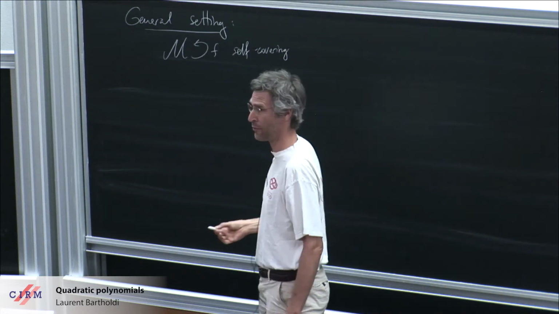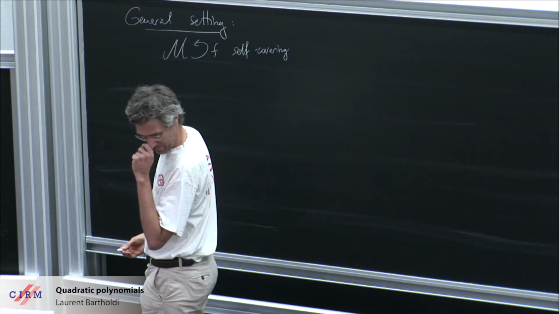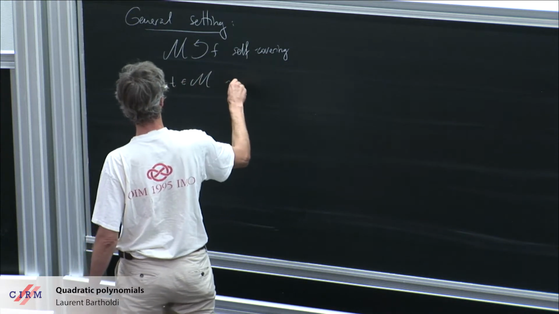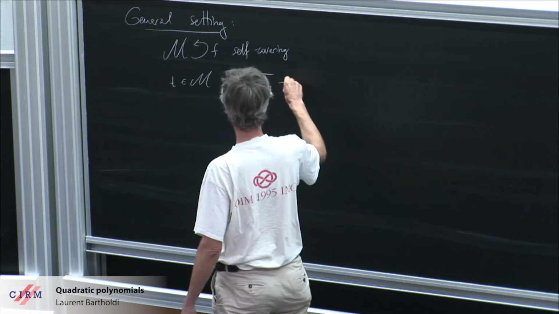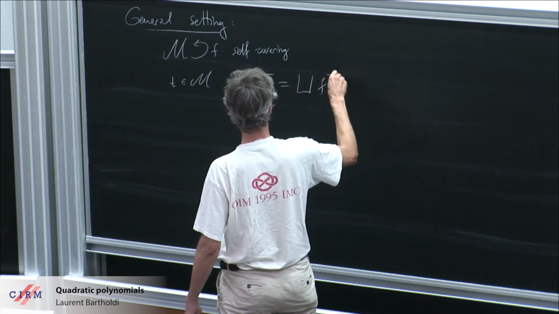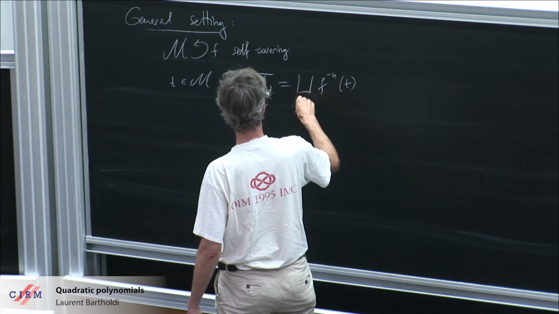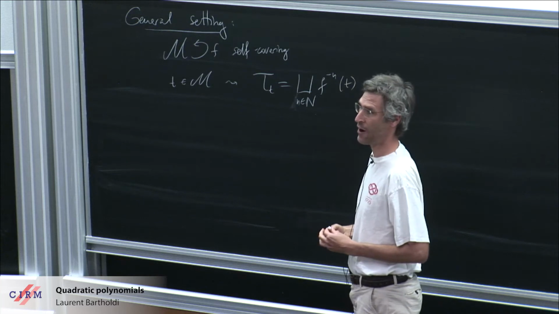But I won't write the hypothesis yet. If we take T in M, we produce the tree of preimages of T. And this is a tree varying continuously.